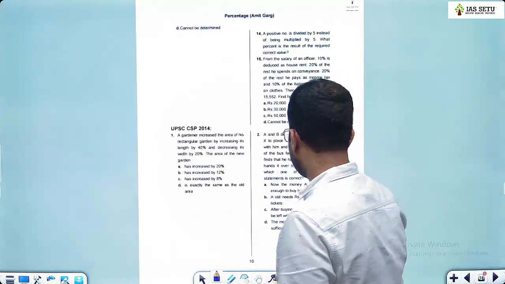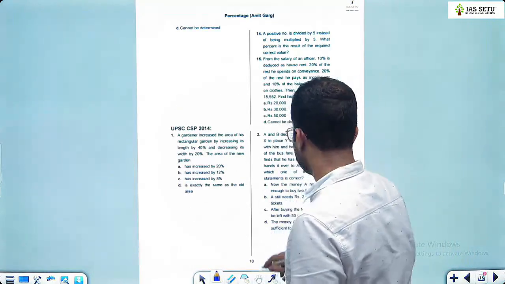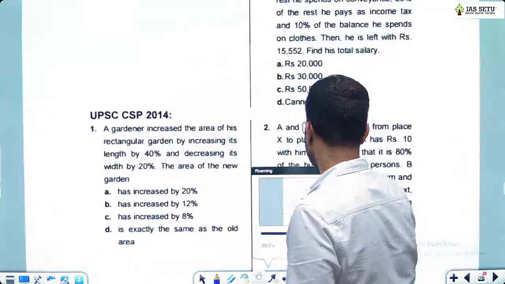Page number 10, percentage handout, question number 15. If you don't have the handout, you can have a look on the board.